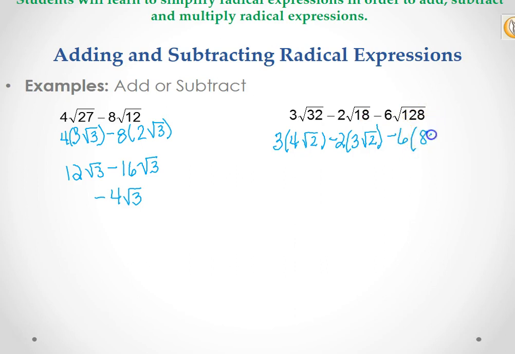The square root of 64 is 8 times the square root of 2. 3 times 4 is 12 square roots of 2. Minus 2 times 3 is 6 square roots of 2. Minus 6 times 8 is 48 square roots of 2. So 12 minus 6 is 6. 6 minus 48 is a negative 42 square roots of 2.